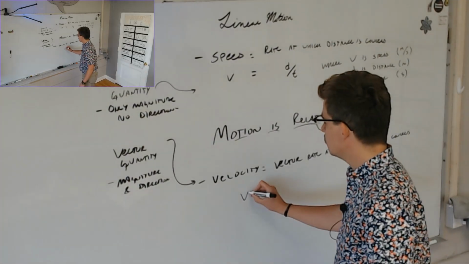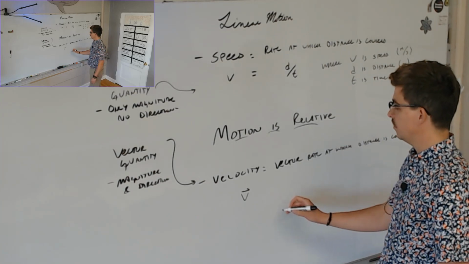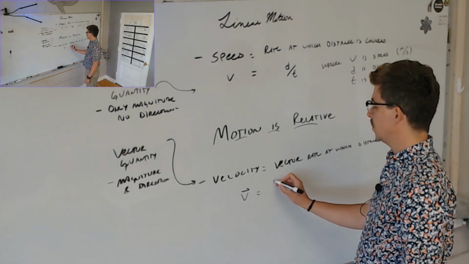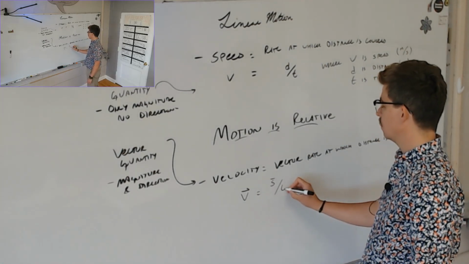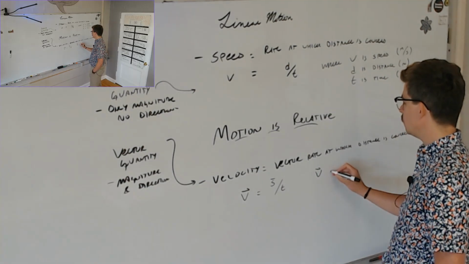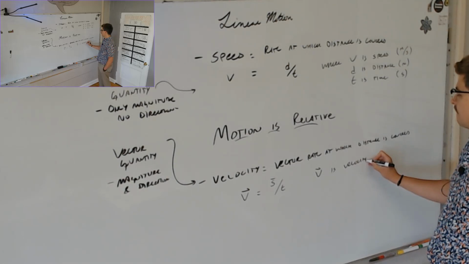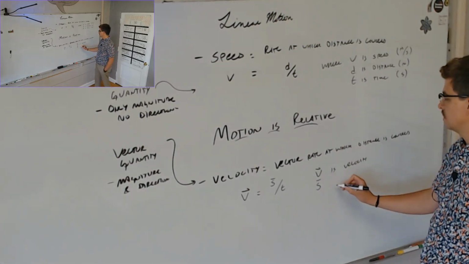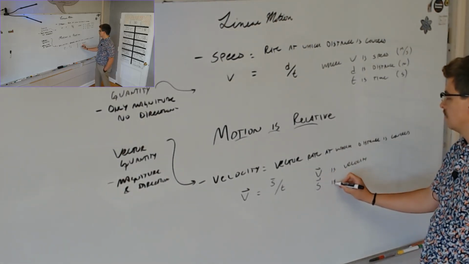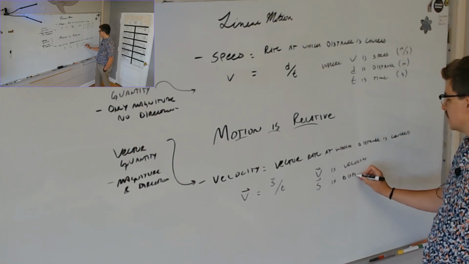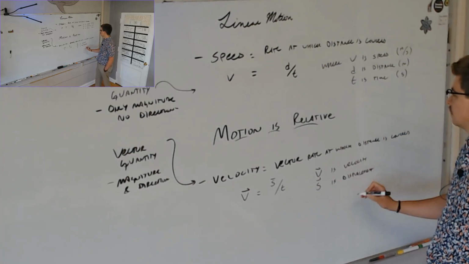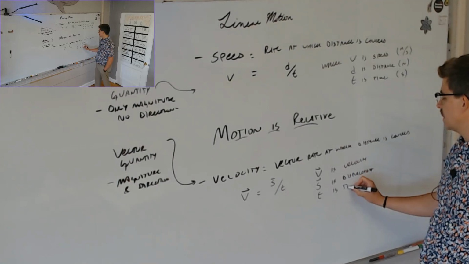So velocity, with a little arrow over it, is equal to displacement over time, where v with an arrow, sometimes called v arrow, is velocity, s is displacement, which is like distance but in a certain direction, and t is time.